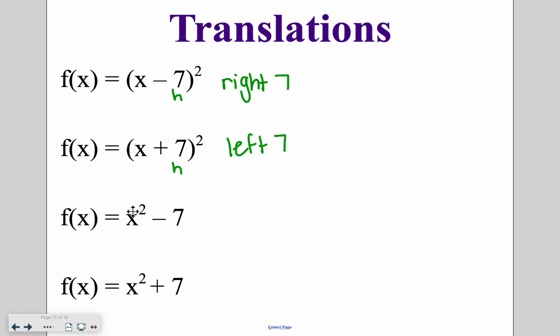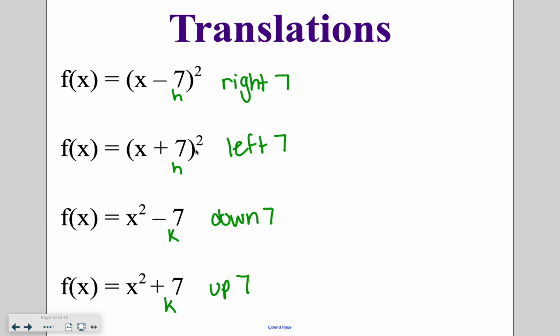If there is nothing with your x and the number being added or subtracted is outside of that squared part, that is going to be your k value, and that is going to tell you that you are either moving down, in this case it's 7, or up, in this case once again 7.